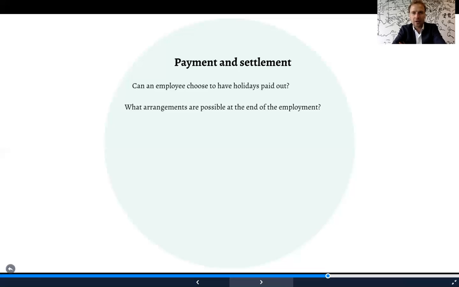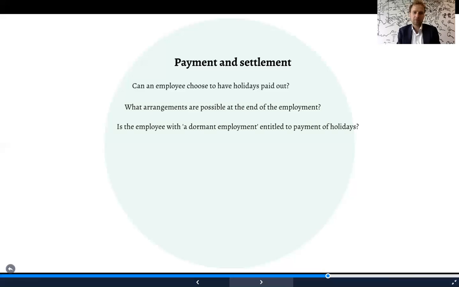If you have asked for permission at the UWV to terminate the contract, and you as a company unilaterally terminate the employment contract, then the employee is entitled to the payout of his vacation days at the end of the employment relationship. Also in the situation that the employee is exempted from work because there might not be any work for that employee anymore. So only if you make an arrangement on this topic in a settlement agreement, then it's allowed to trade an exemption from work for vacation days, for holidays.